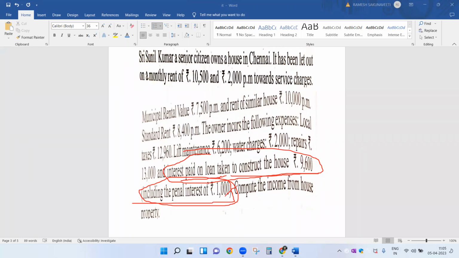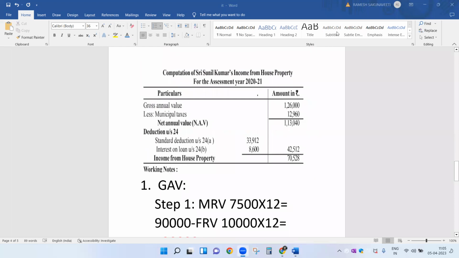All other kinds of penalties and fines will not be allowed. So originally we have to consider only 8,600: 9,600 minus 1,000, which the income tax authorities did not accept. Originally you should have paid 8,600, but you paid 9,600 because of the 1,000 rupees penalty. Why did you have to pay the penalty? You must have paid late. So the penalty should not be considered. Only 8,600 you have to show.